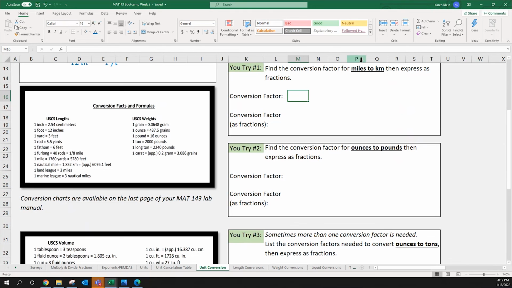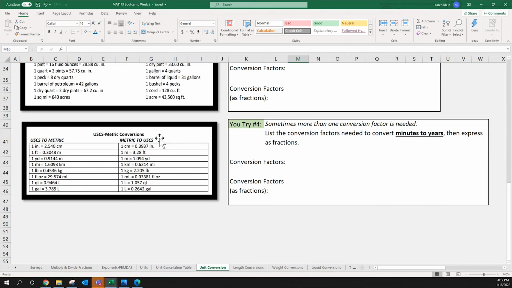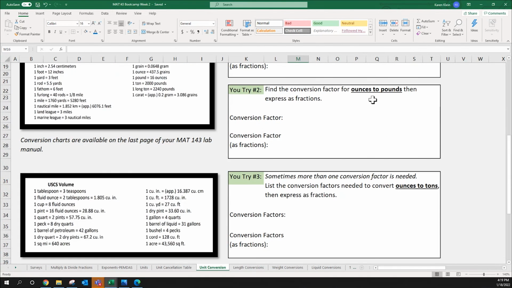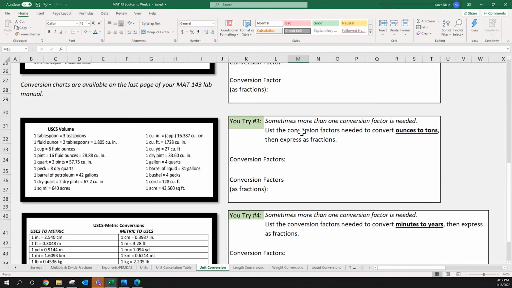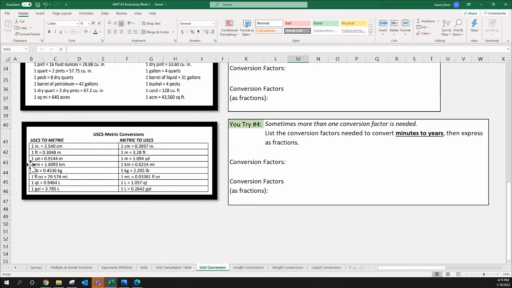So we want to convert from miles to kilometers. We need to come over here to our table, and if we see kilometers, any kind of meter, we know we're dealing with the metric system. So we said miles to kilometers. We come over here and we find this measure.